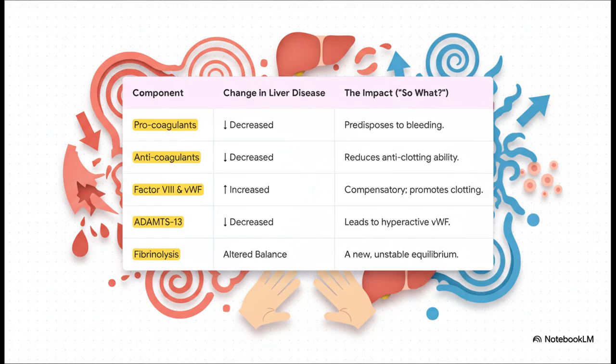The endothelium starts pumping out more Factor VIII and von Willebrand factor. And to top it all off, the enzyme that normally keeps VWF in check, ADAMTS13, is also deficient. So what's the result? You get a system that is flooded with hyperactive VWF, which just promotes more and more platelet adhesion. It's this incredibly complex push-pull system that's in a really, really precarious balance.